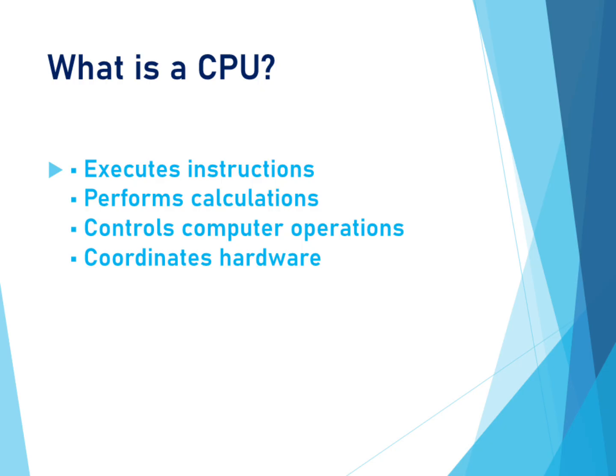It reviews instructions, performs calculations, and controls every operation inside the computer. Without a CPU, a computer simply cannot function. That is why the CPU is often referred to as the heart and brain of the computer.